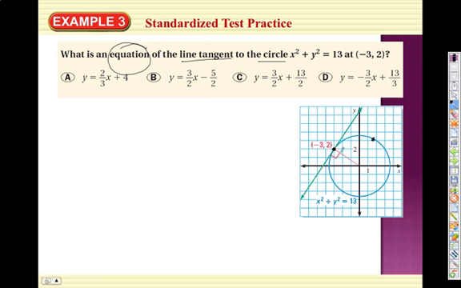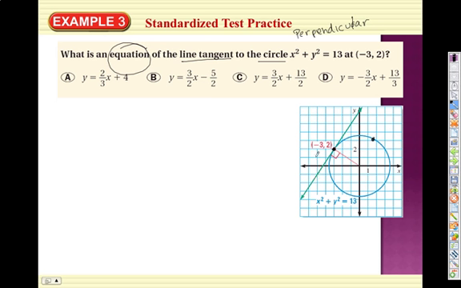So this point here has a radius, and this tangent line is perpendicular to that. Perpendicular is key because you have to find the slope of this so that you can find the slope of the tangent line.